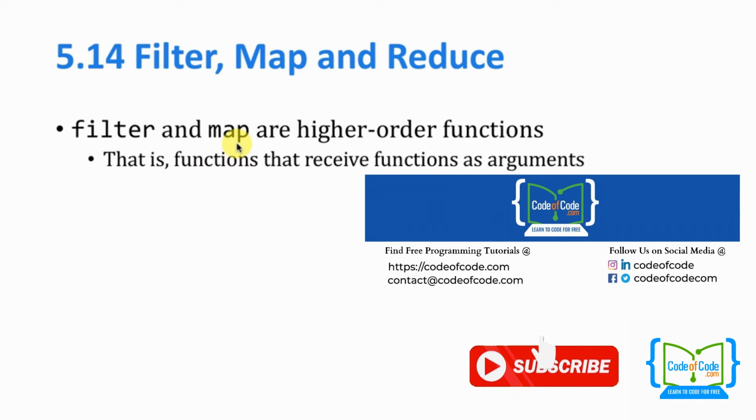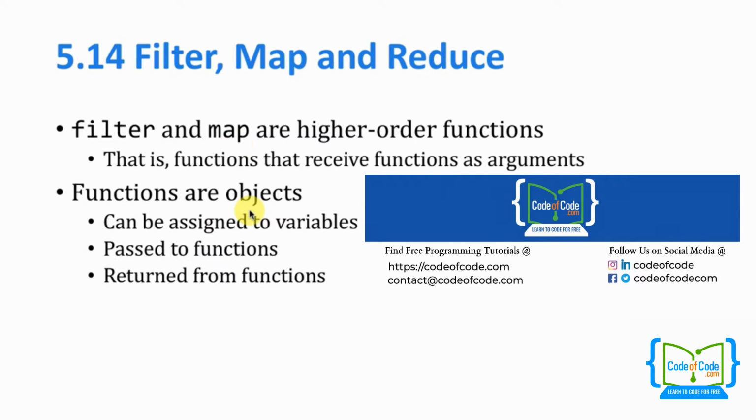And in the case of map, we'll give it a sequence of items we want to map, as well as a function that will perform the mapping operation and give us back the new objects that should be included in the resulting sequence of elements.